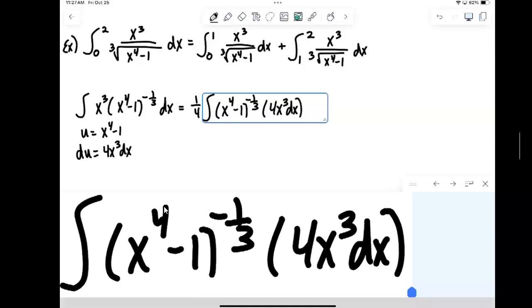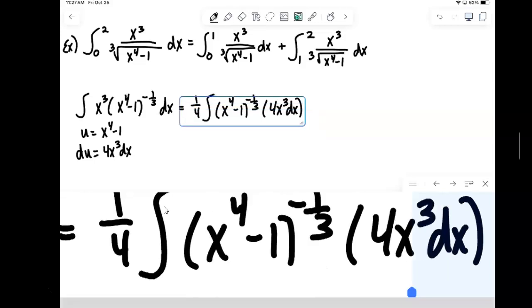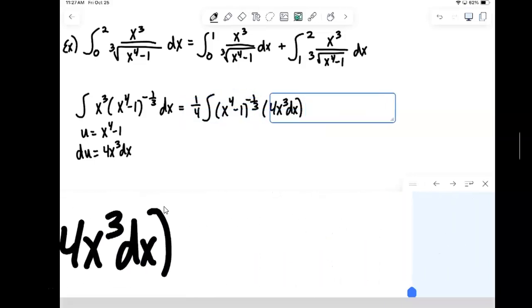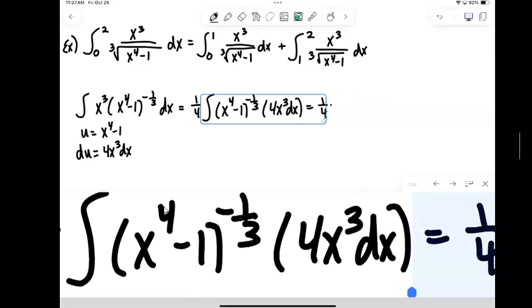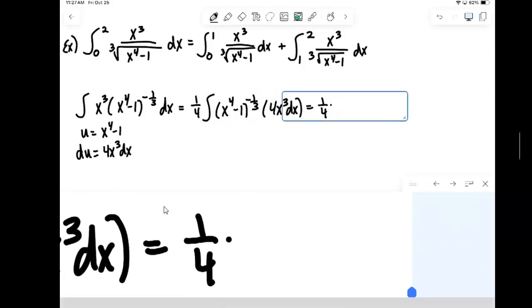So that we have the integral of u to the minus 1/3 du. So that'll just carry through, add 1 to the exponent, which will make that 2/3. When we divide by 2/3, that's the same as multiplying by 3/2.